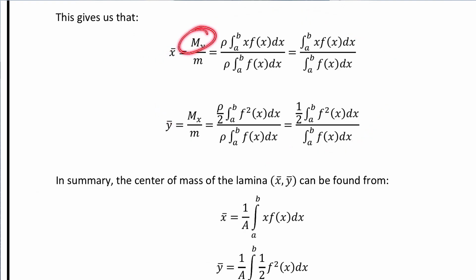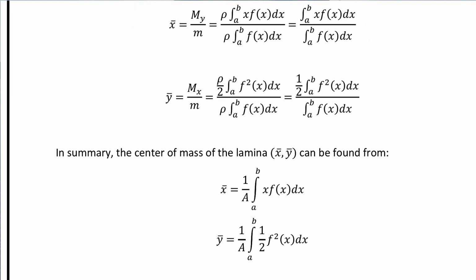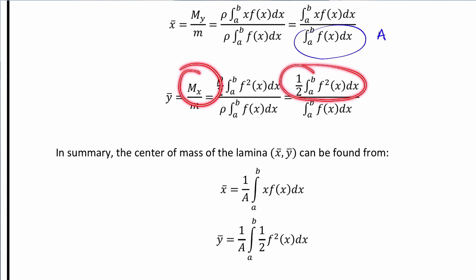It's just the y moment over the sum of the masses, which we represent by the integral from a to b of x f of x dx over the integral from a to b of f of x dx, which from now on we're going to refer to as what it is, right? It is the area. This is just the area under the curve. And then the y coordinate is given by, well, the x moment, which is 1/2 integral a to b of f of x squared, divided by the area, okay?